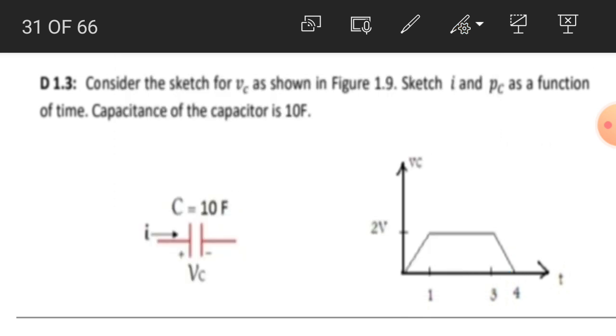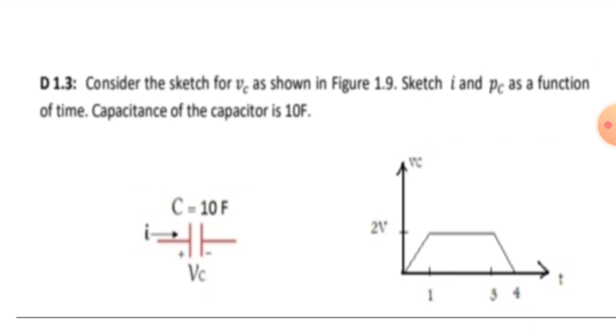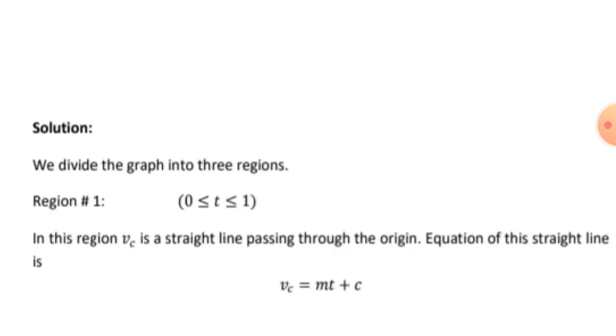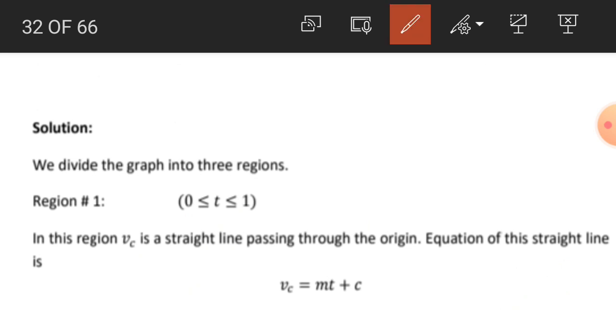If you look at the sketch in region number 1, there is a linear relationship between the voltage and time in region number 1. So we consider region number 1 where the time is changing from 0 to 1.